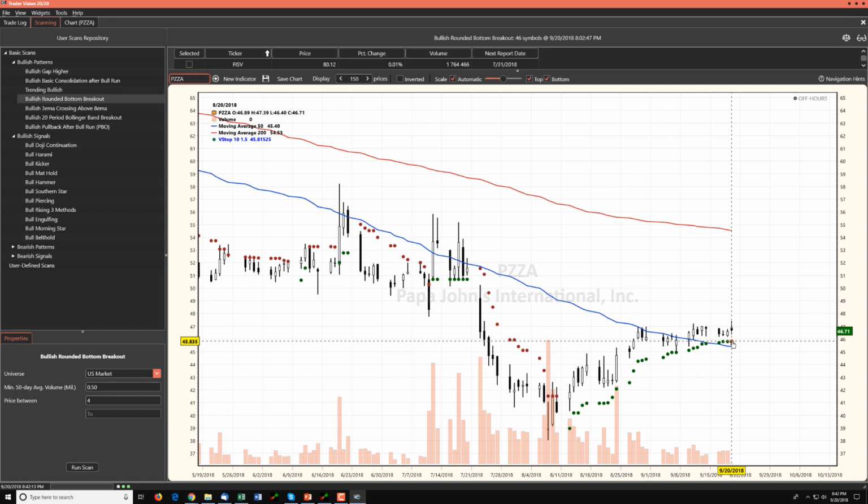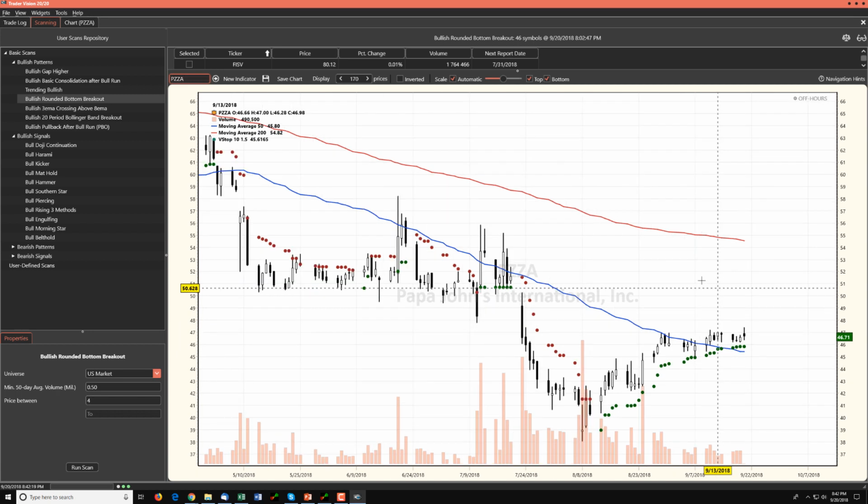I can't remember if I set those orders this morning or not. I'd have to check. This is probably going to be my first target here, about 49.60, and maybe a second target up and off of these candles here.